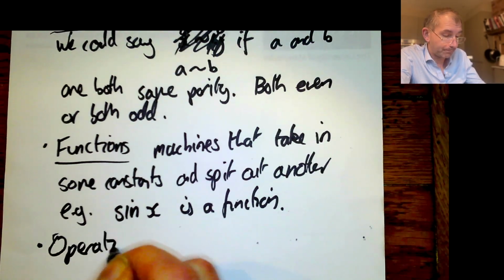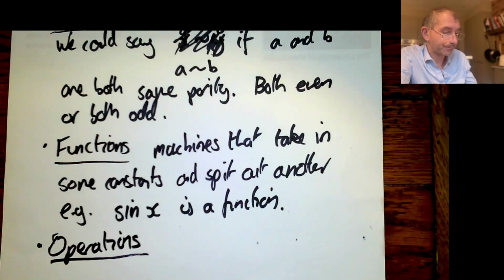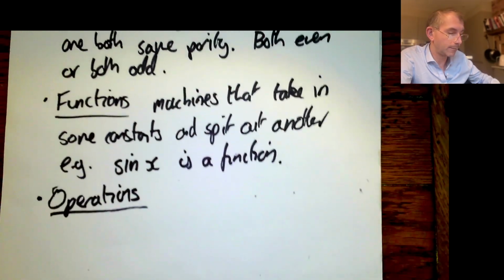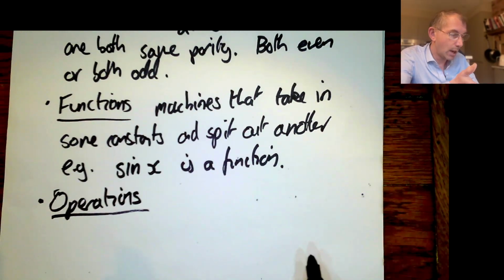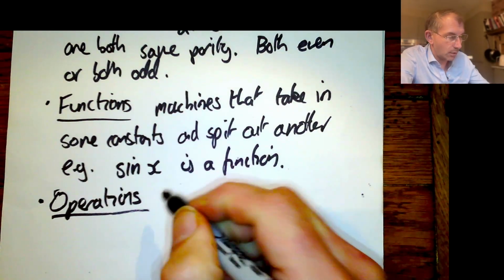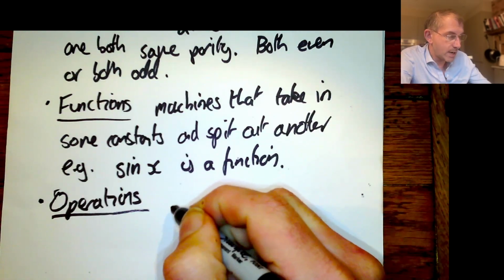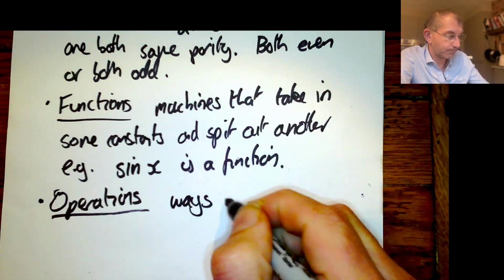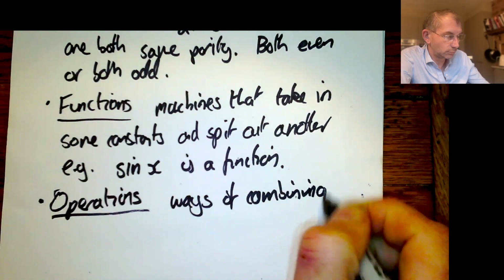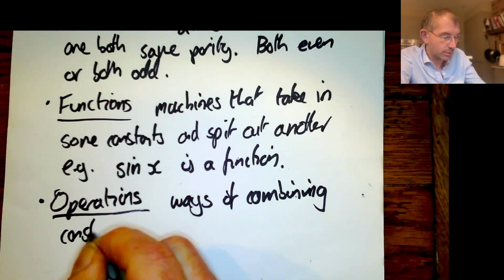Operations are very similar to functions, but it's sometimes easier to think about operations rather than functions, particularly if we want to focus on the fact that we're plugging two different things in. So these can be ways of combining constants.